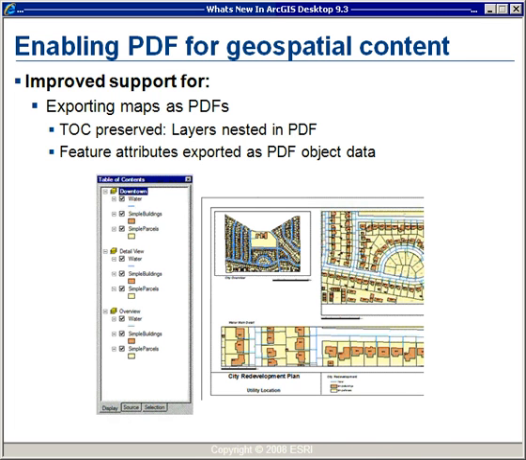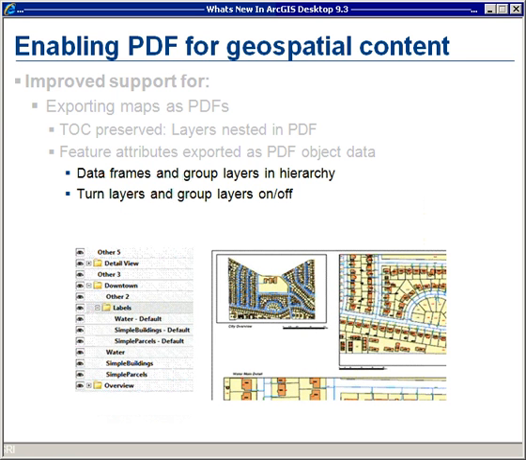Some new functionality that's also available is the option for feature attributes that are exported as PDF object data. Essentially, what this means is that within the PDF environment, you'd be able to do a quick query and find out what the attributes are of a feature on your map layout that you'd export to PDF.